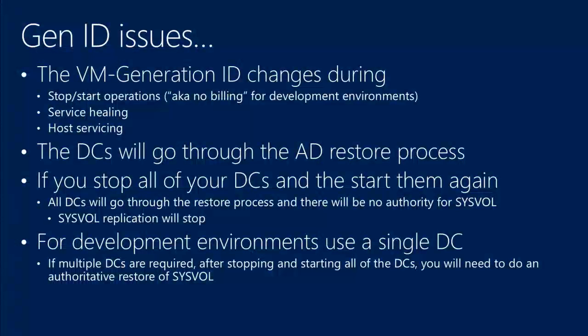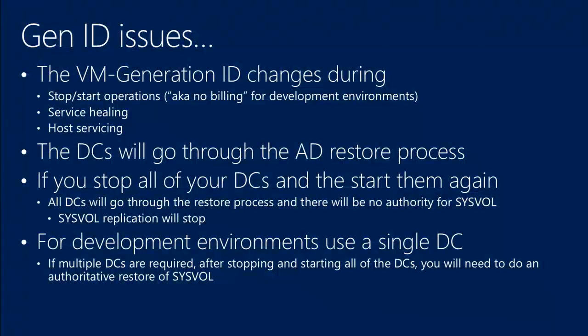Now we're in a situation where there are two non-authoritative sysvols, and you've broken sysvol replication. This is something I pointed out to the Azure team this week, and they're now working on a possible solution. But you only have to worry about it for a dev environment where you've stopped and disengaged the virtual machines, and then brought them up again.